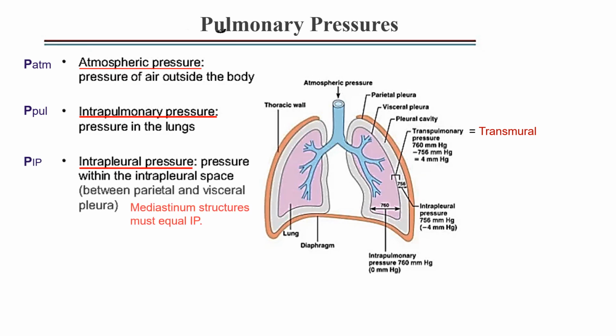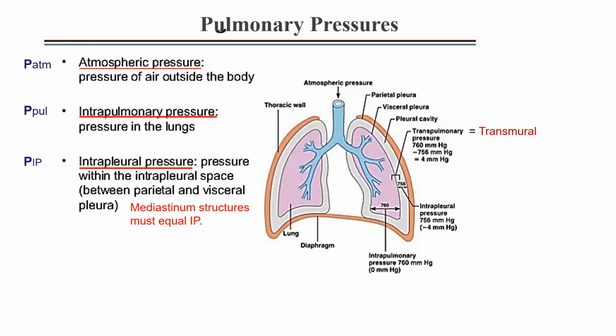Then we have intrapleural pressure. It's the space in between the lungs and the chest wall. Intrapleural pressure is a few millimeters of mercury less than either the lung or the atmosphere. If these are supposed to be very similar, let's say it's 760, then we have about a 4 millimeter mercury difference, and that keeps the lung in positive contact with the chest wall.